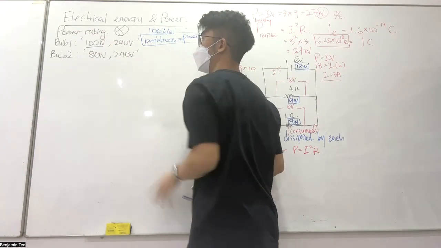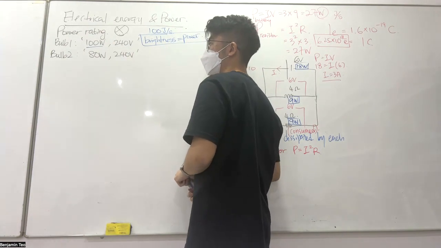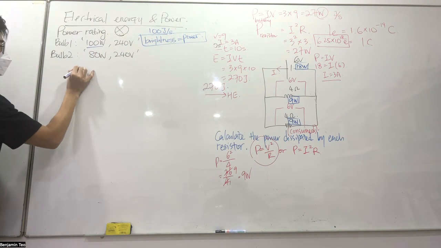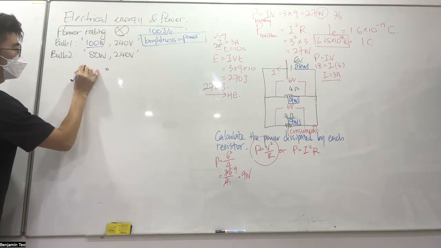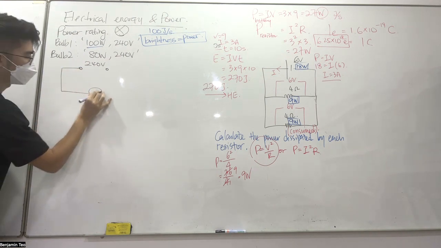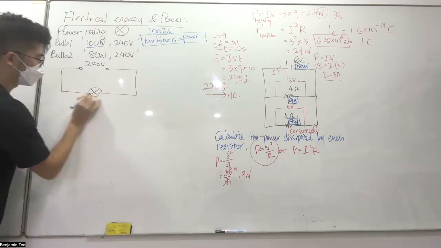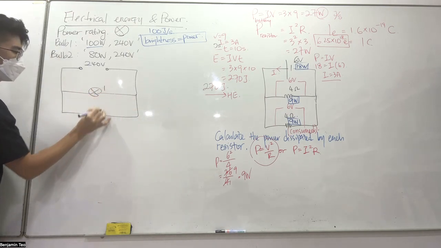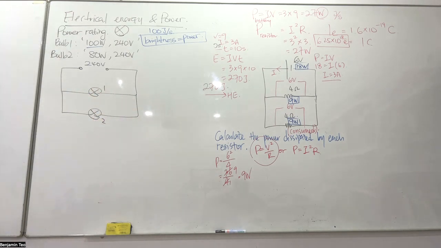Let's say we got two bulbs, bulb 1 and bulb 2. If I connect these two bulbs in parallel with a supply of 240 volt, how much voltage are bulb 1 and bulb 2 getting?